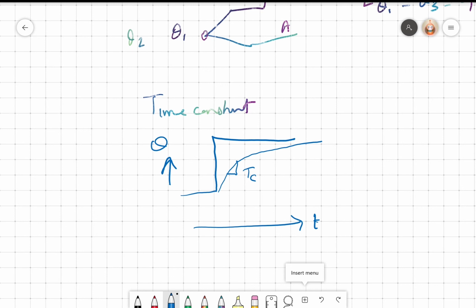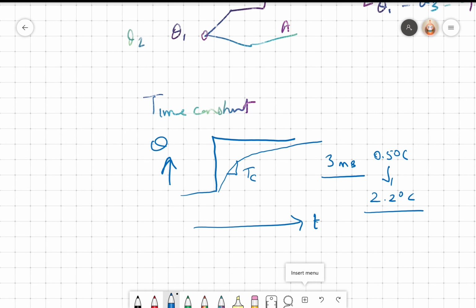And if you look at RTDs, they have time constants in terms of seconds. Whereas if you make a thermocouple with very thin wires, normally 40 gauge or 42 gauge, then the time constant can be as low as 3 milliseconds, which is really small when we talk about measurement. The accuracies are also not very bad. As I said, you can get an accuracy from 0.5 degrees centigrade to as high as 2.2 degrees centigrade.